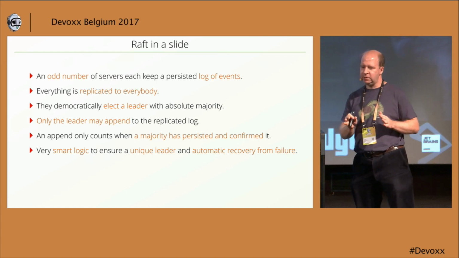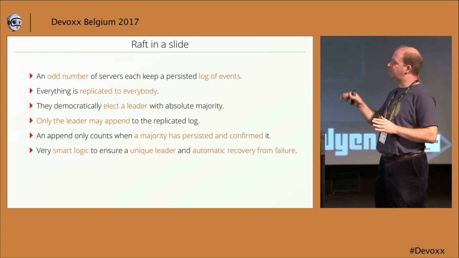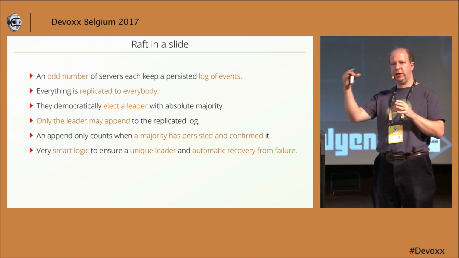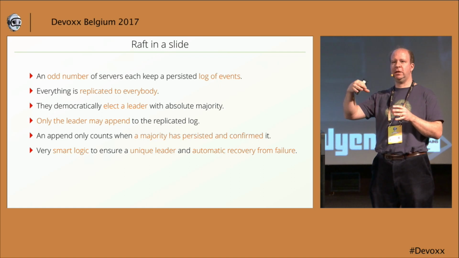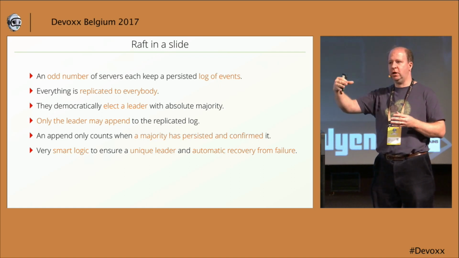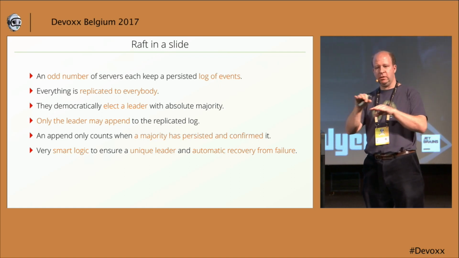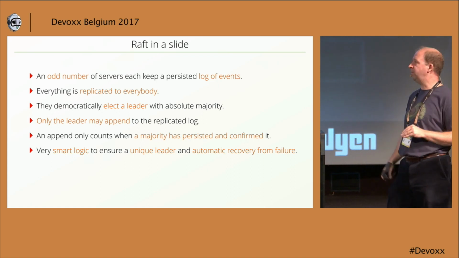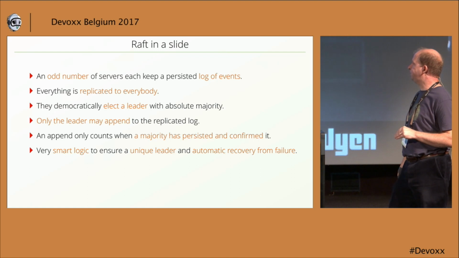That's a tiny lie. What actually happens is that there is a term number, and in every term there is a unique leader, and provided the leader changes, the term number is increased, and then there's a new leader for the new term. There might be a slight moment in time when both believe to be the leader, but the one with the higher term is always valid.